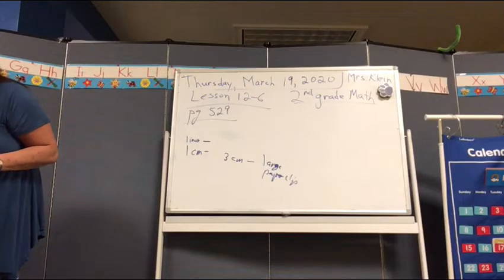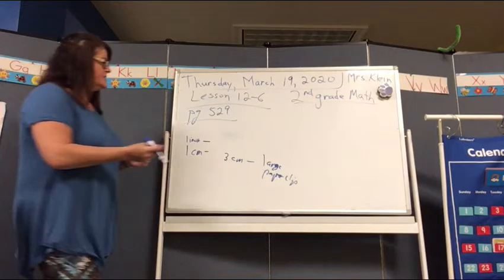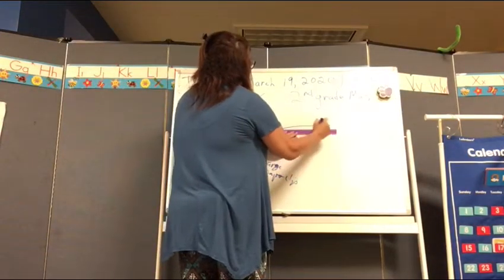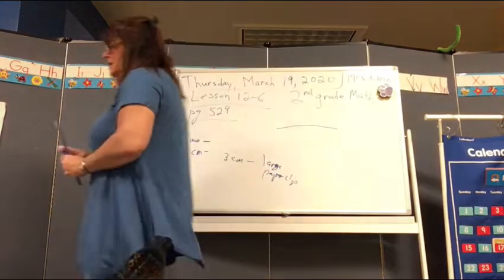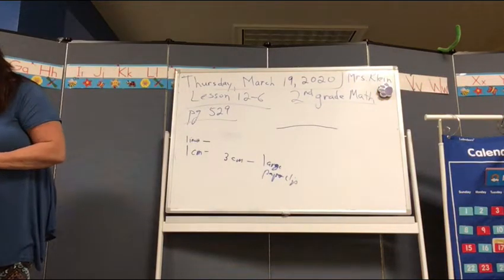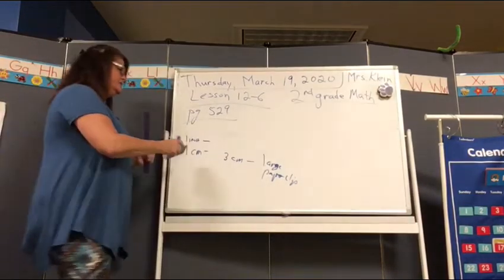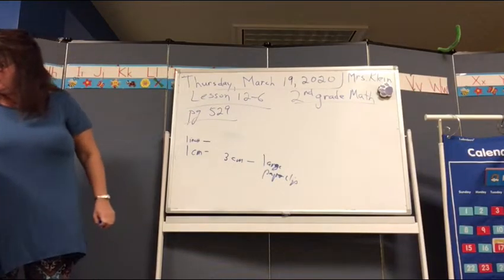Now, 1 meter long. So find something that is this long. Okay. So, a paper clip is about 3 centimeters, a marker cap is about 3 centimeters. A meter is, this is centimeters, a meter is a table, a window.